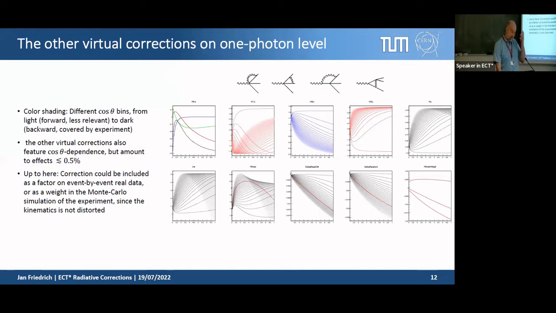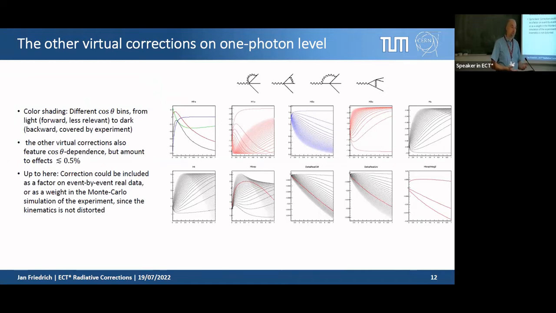And applying these corrections, of course, is an issue because they depend on the kinematics. And so a fudge factor in the very end, when you have some spectrum of S or so, and you say, this is my radiative correction, you cannot directly give this as a factor.